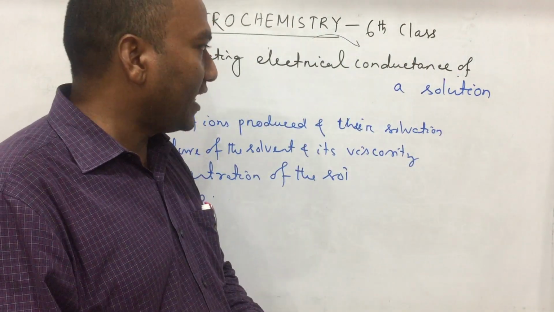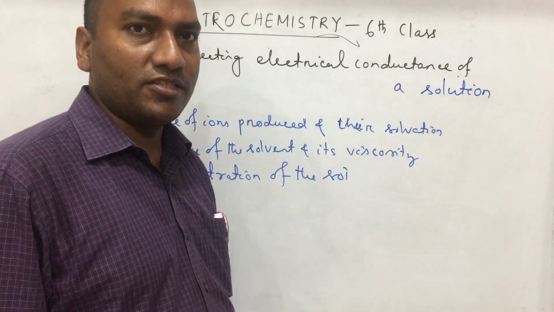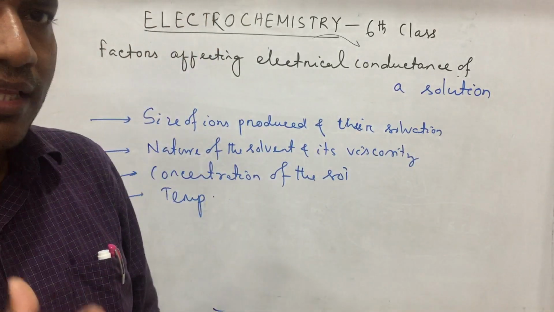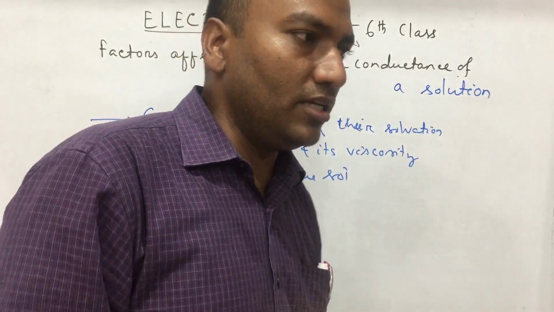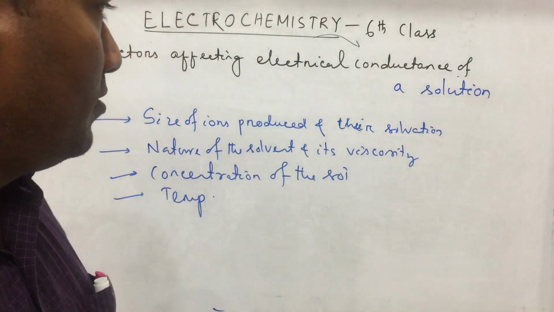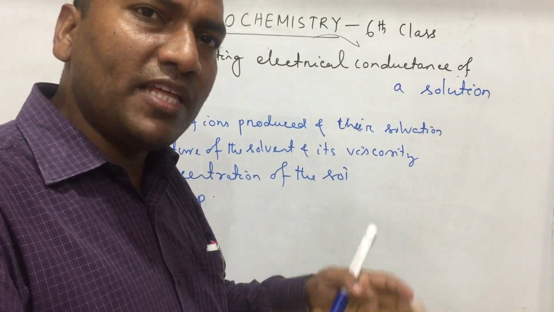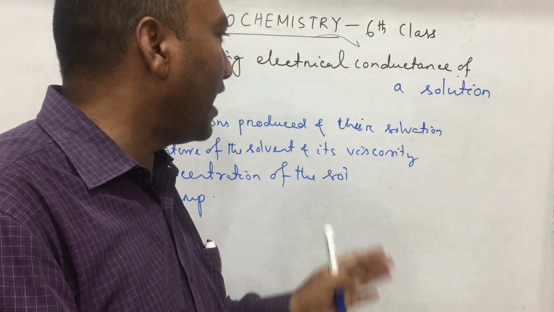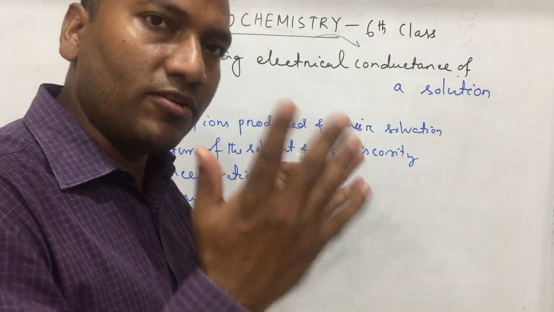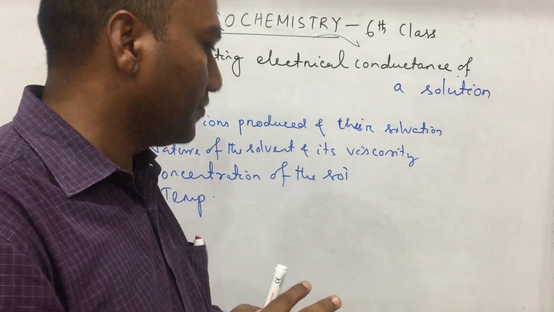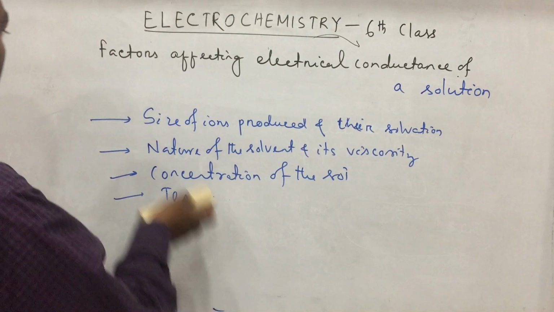Second is their solvation. Solvation means when the ions are dissolved in the solution and completely dissolved, their solvation is very high. If solvation is very high, then free ions are not available, hence conductivity is less. Clear? This is the second point.